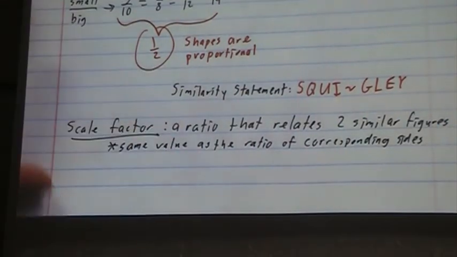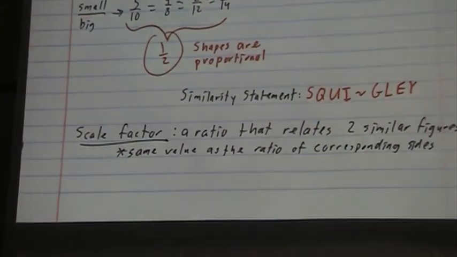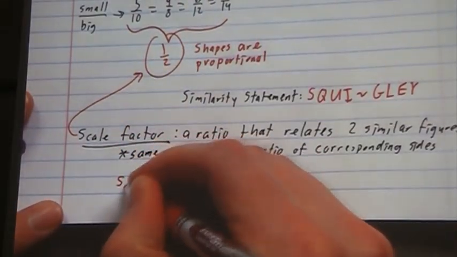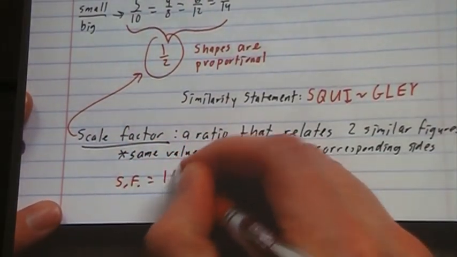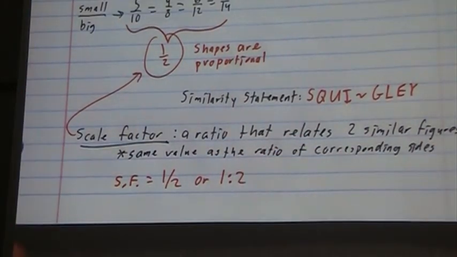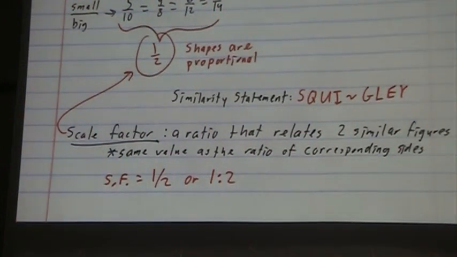You might also see scale factor abbreviated SF. So scale factor would be the same as that guy there. So we could say SF equals 1 to 2 or 1 colon 2. It really doesn't matter how you write it.